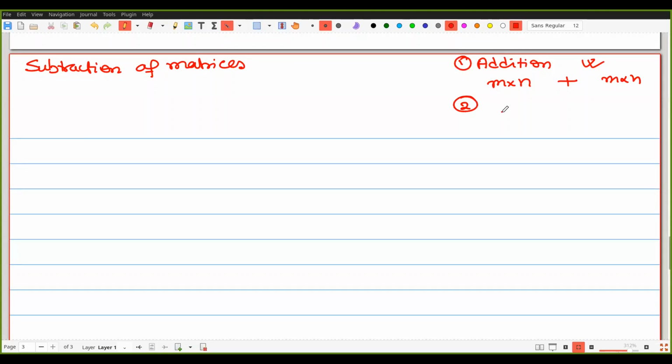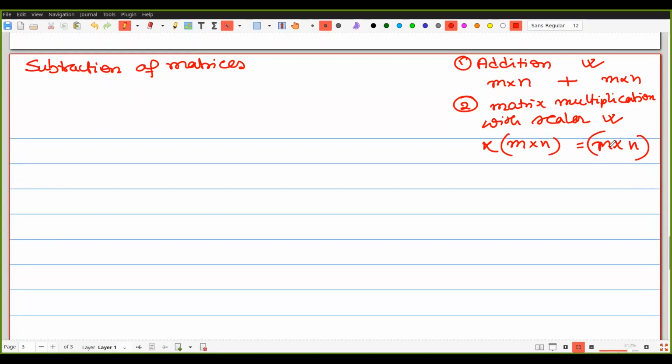Second, if we consider matrix multiplication with a scalar, that is possible. Same thing, m cross n when multiplied with any k or any scalar, we get the resultant matrix of the same order. So that is also possible, but mathematically or theoretically, subtraction of matrices is not possible.